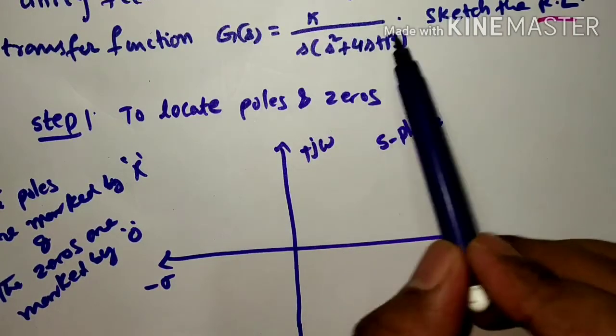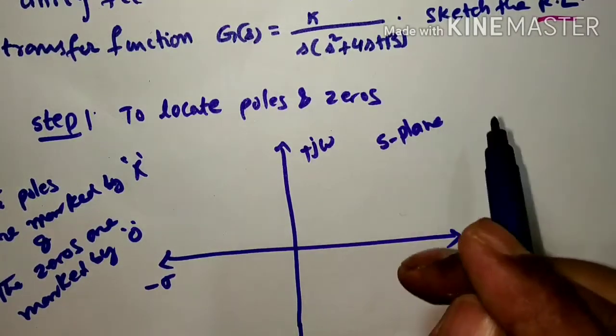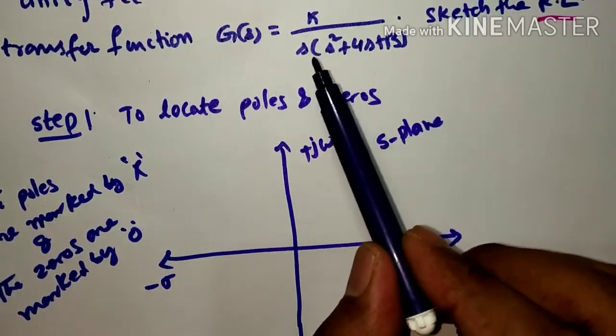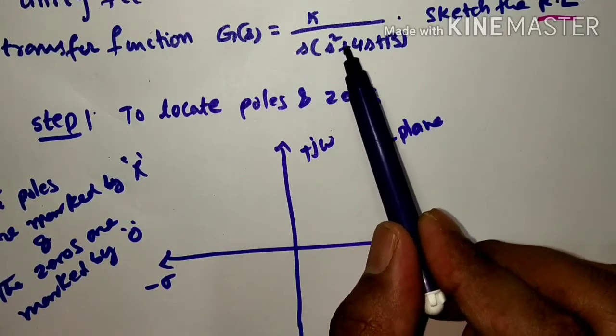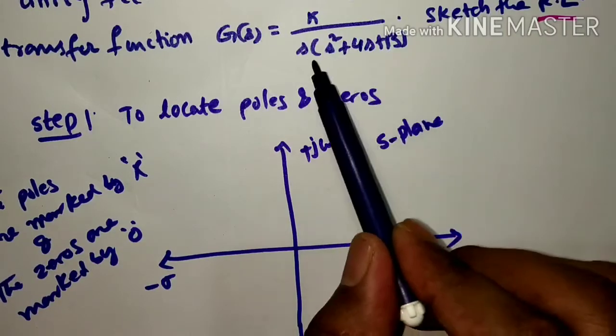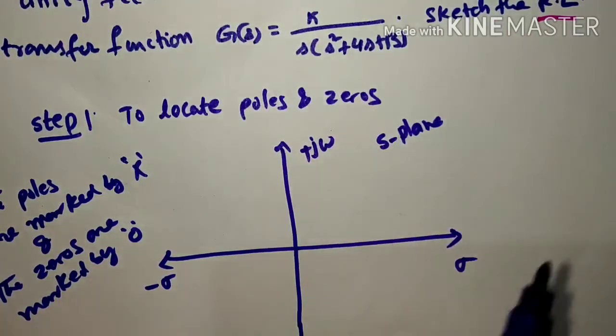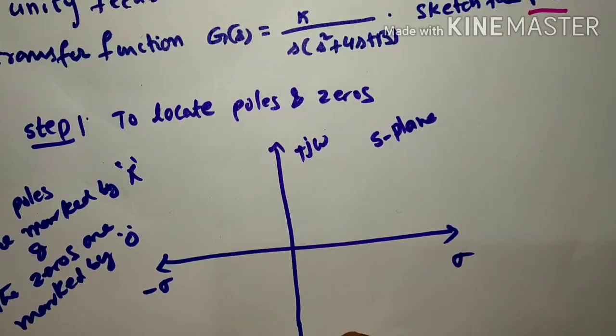Since the power is 3, there are 3 poles, so 3 roots are there.